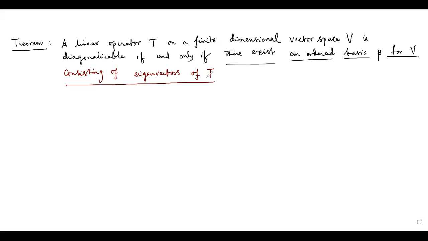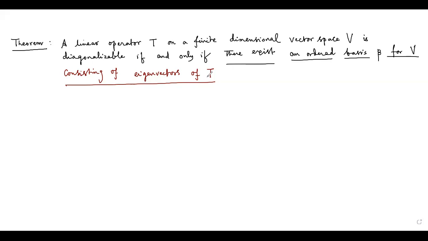So if you can find, you may know that for a particular vector space there may exist many bases. If you can find an ordered basis whose elements are the eigenvectors, not just any vectors, these are the eigenvectors, then the existence of such a basis will put a stamp on the fact that the corresponding linear operator is diagonalizable.